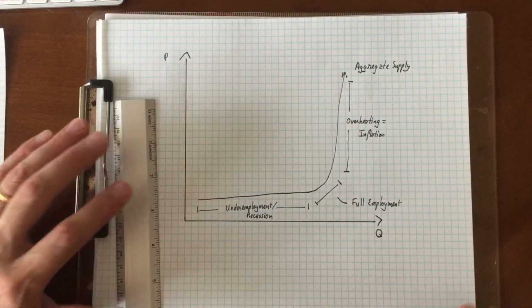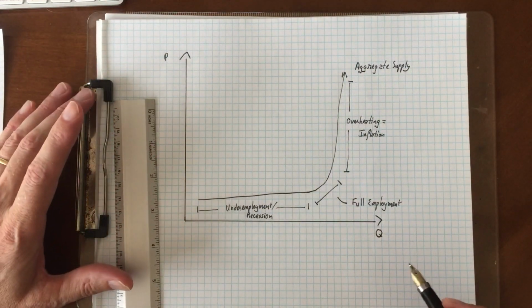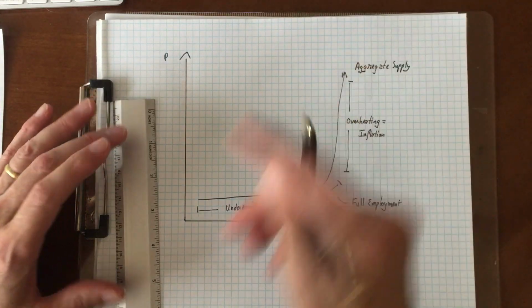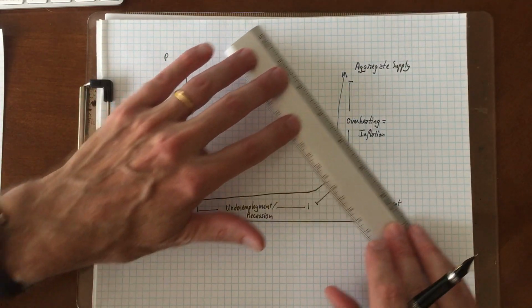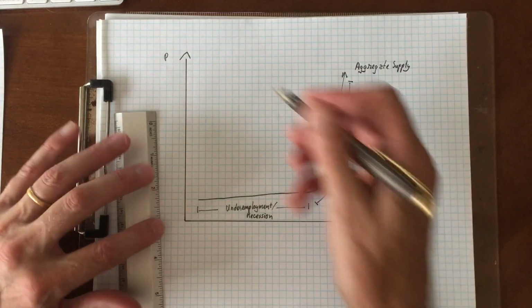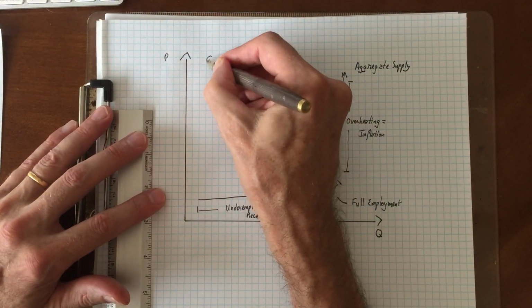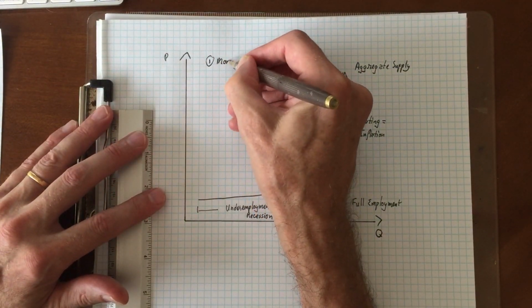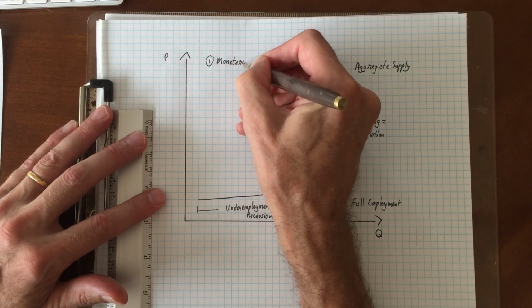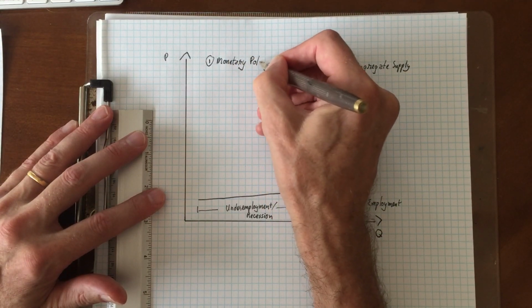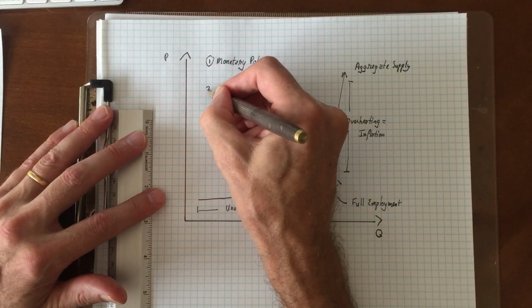Okay, so the two tools that policymakers have at their disposal to make those adjustments to the aggregate demand curve are, one, monetary policy, and two, fiscal policy.